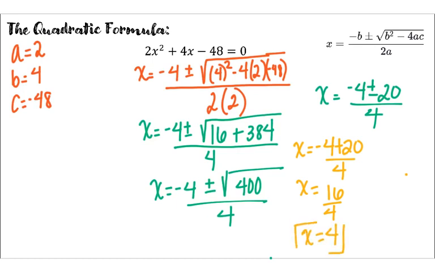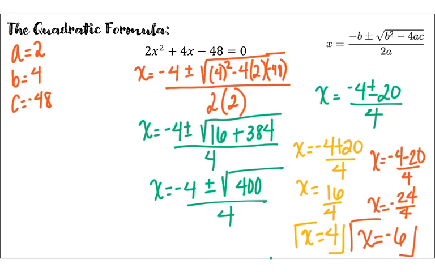That is indeed one of the solutions that we obtained from the other two methods. And then the way we get the other solution is by doing x is equal to negative 4 minus 20 divided by 4. So x is equal to negative 24 divided by 4, which means that x is equal to negative 6. And there's our second solution.